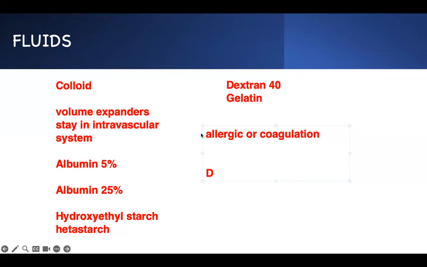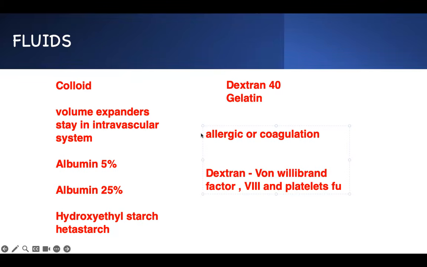If I give you dextran, for example, it affects von Willebrand factor and factor 8 and platelet function. Therefore, this can affect your bleeding time, your PTT and PT, basically. All these factors can be affected, so pay attention.